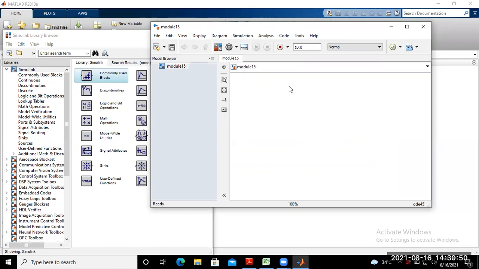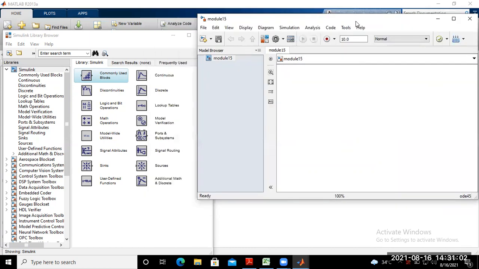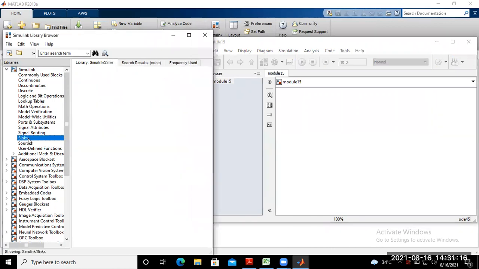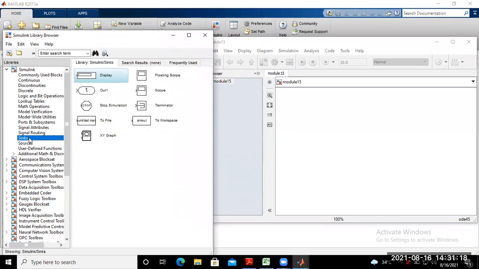Now we want to simulate the circuit here, so just concentrate on how we can simulate. All the components you require, you have to drag from the Simulink library to the new workspace. This one is your Simulink library, where you may find some required blocks, that means scope, for seeing the waveform.